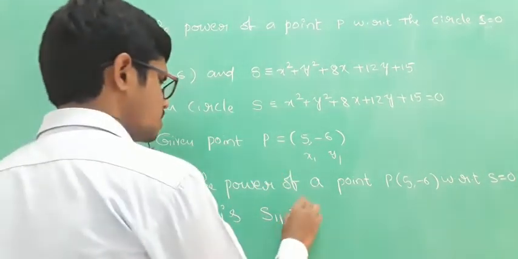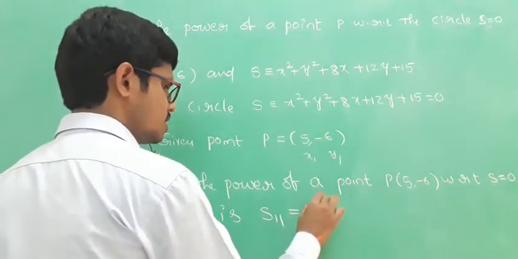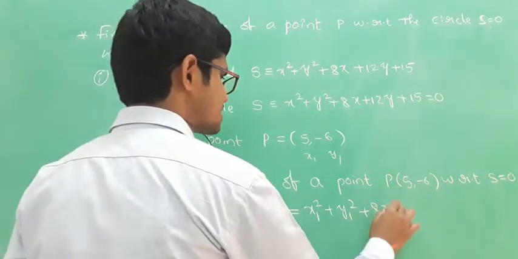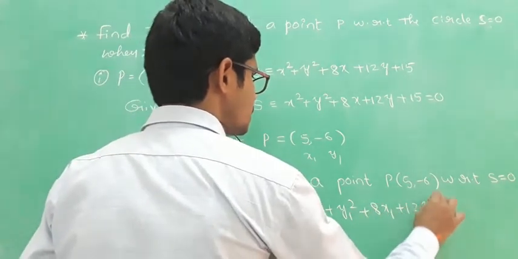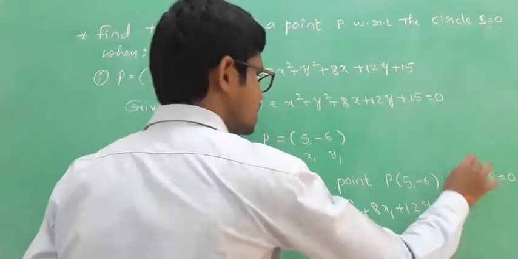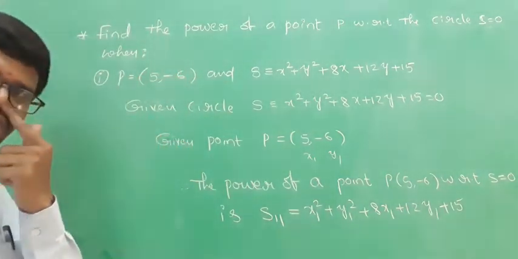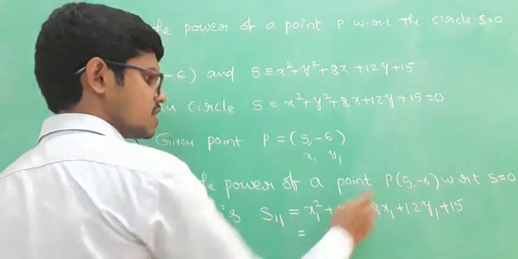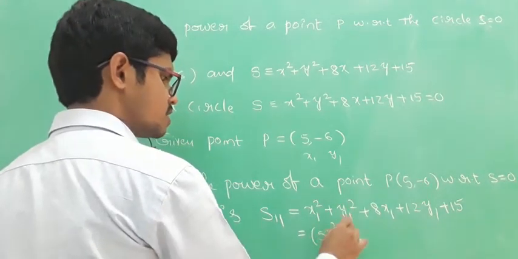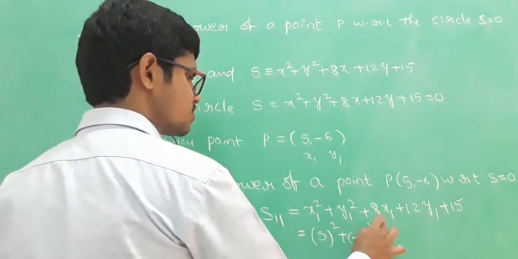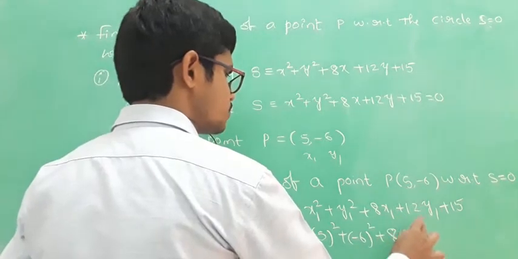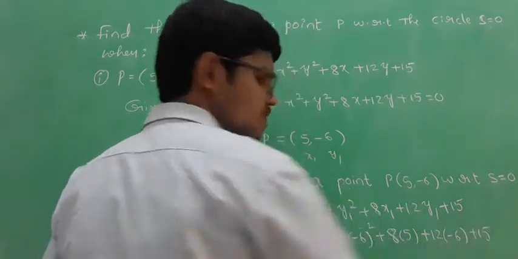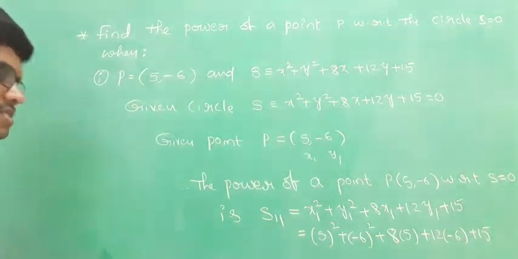So what is S11? x1 square plus y1 square plus 8x1 plus 12y1 plus 15. I have to substitute: this is x1 and this is y1. So 5 square plus (-6) square plus 8 into 5 plus 12 into (-6) plus 15.